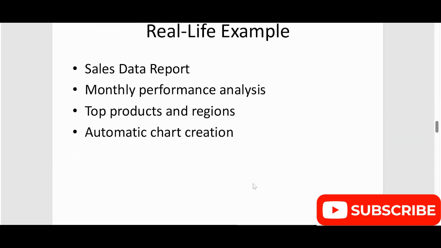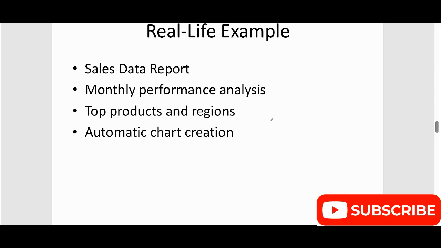Real life examples: if you want to generate a sales data report, then you can use the Copilot. Monthly performance analysis: if you want to analyze the monthly or weekly performance in this Excel sheet, in this data, then Copilot will help in that case.